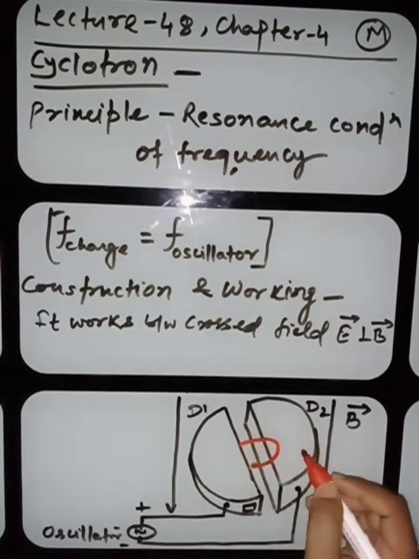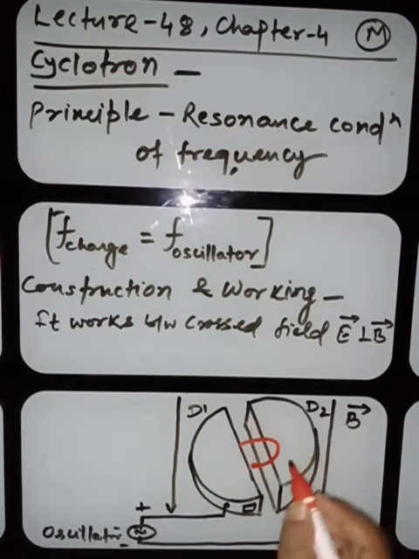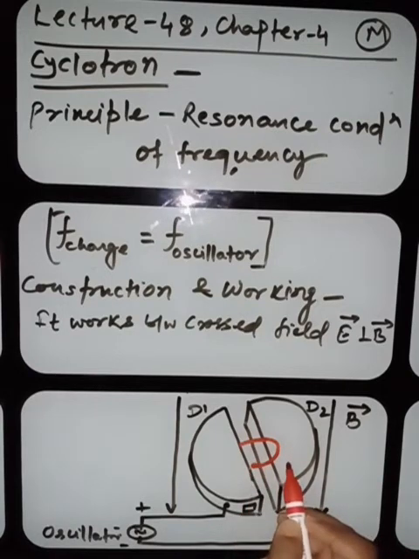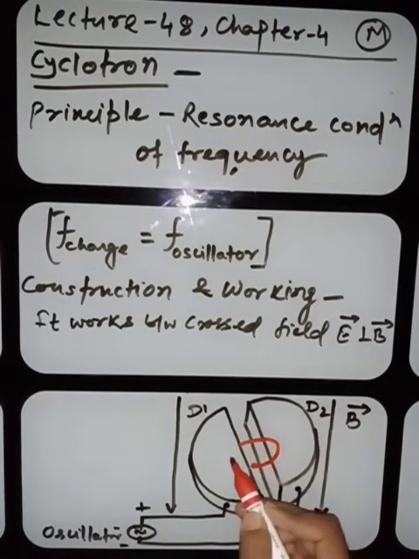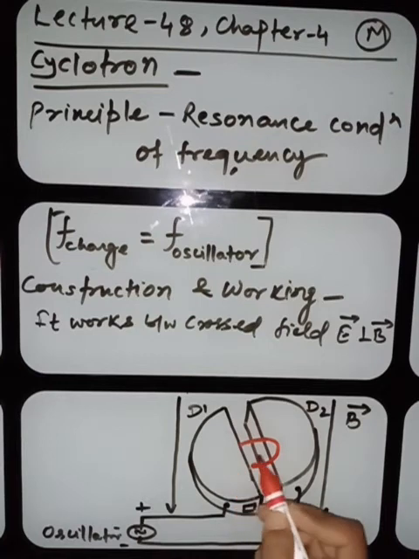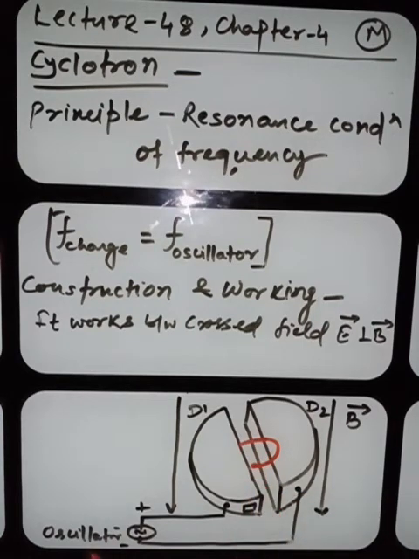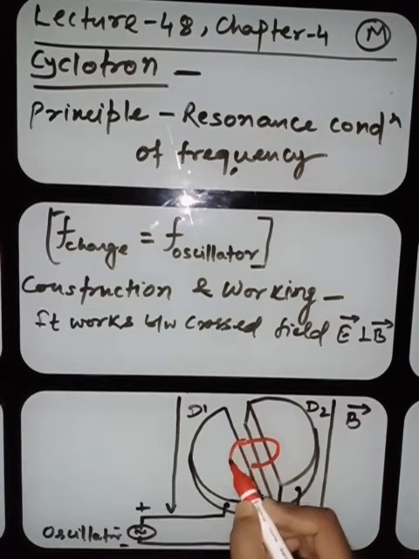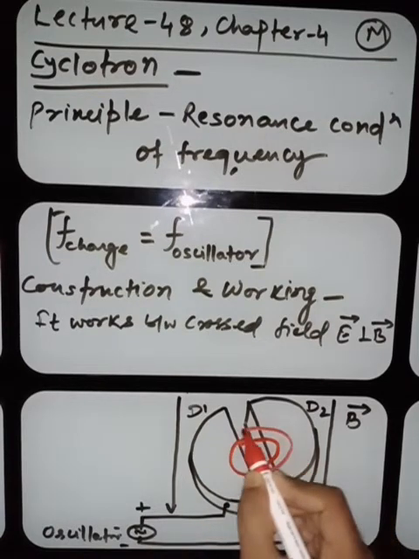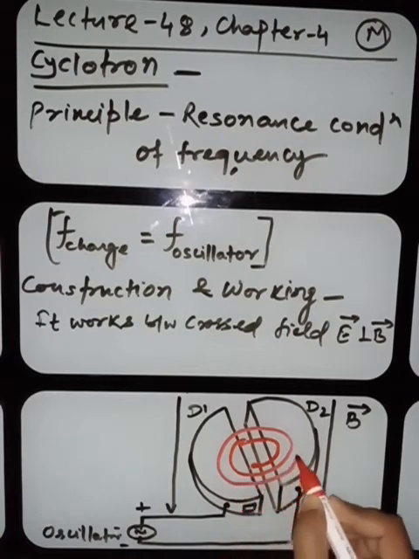Remember, if the direction of the electric field does not change, then the charged particle moves in again. It will not leave the D's. But here what I'm telling you is, as soon as the charged particle is about to leave the D, the direction of the electric field changes from the oscillator. Remember, this charged particle continues to circulate and its radius increases. Why this radius increases, I will explain.